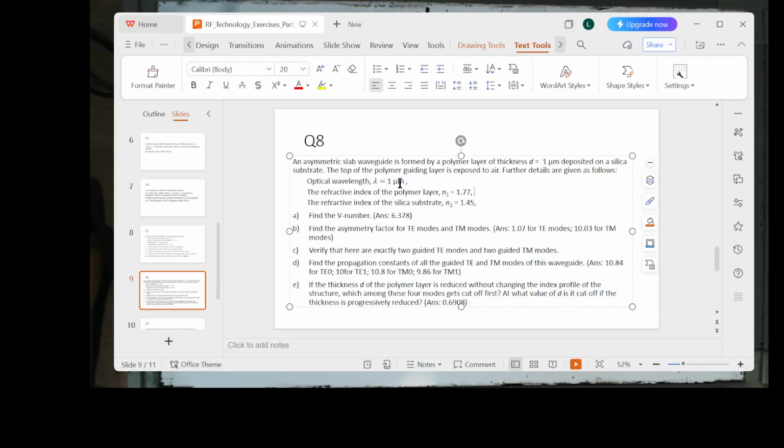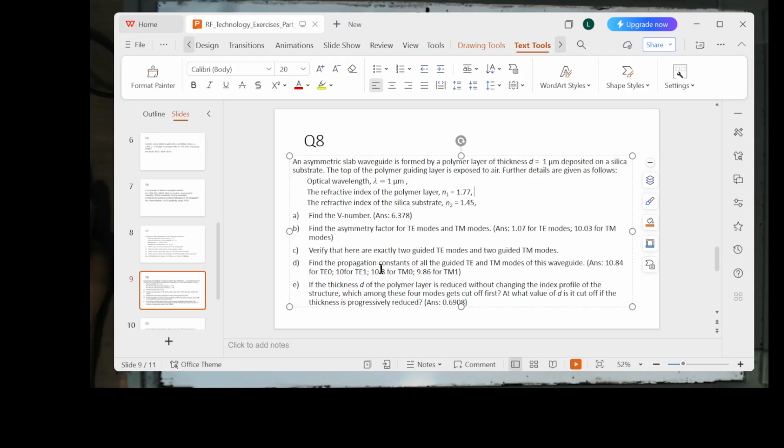So you are going to work out the V number, the asymmetry factor for TE mode and TM mode, and verify that there are exactly two guided TE modes and TM modes.